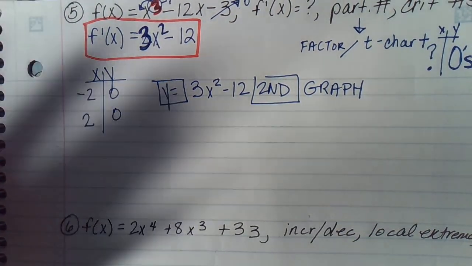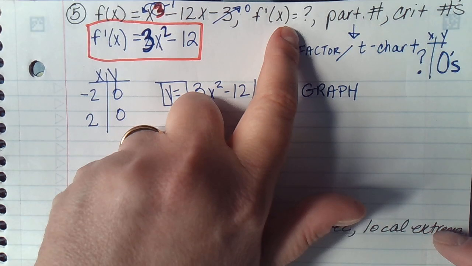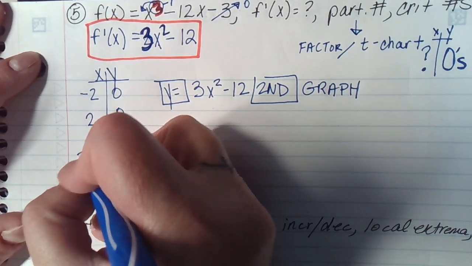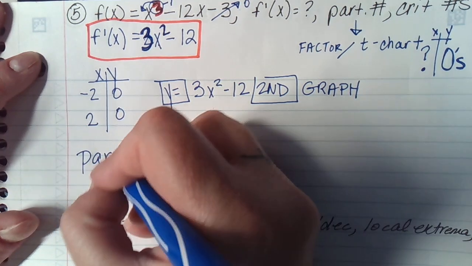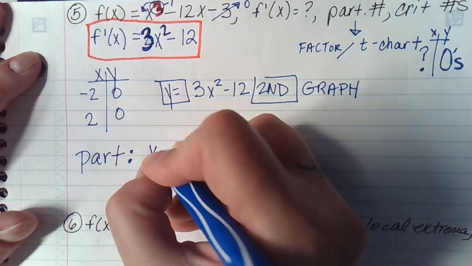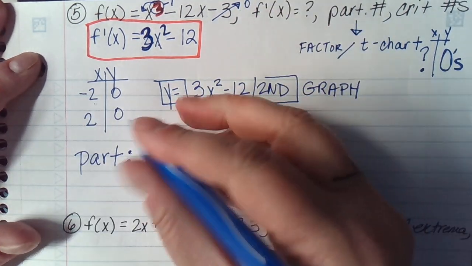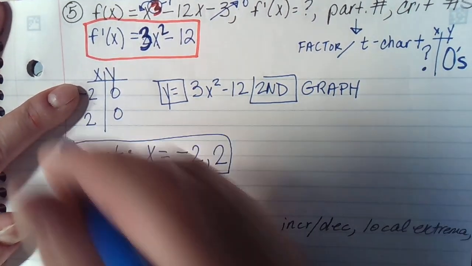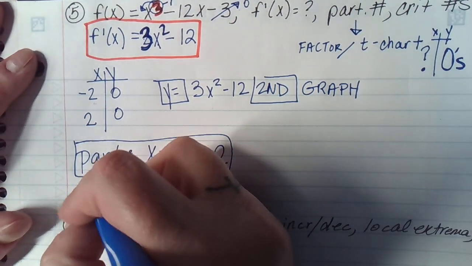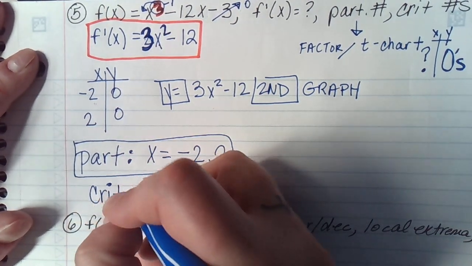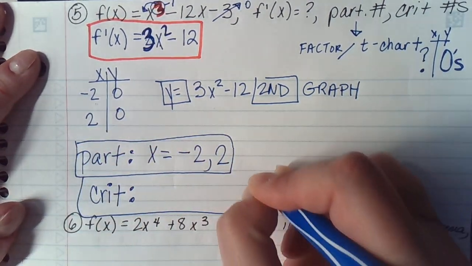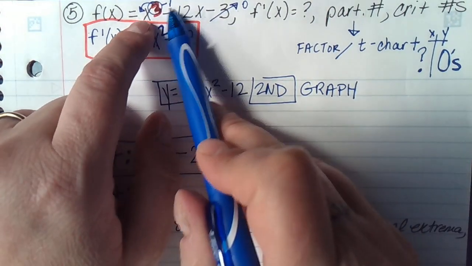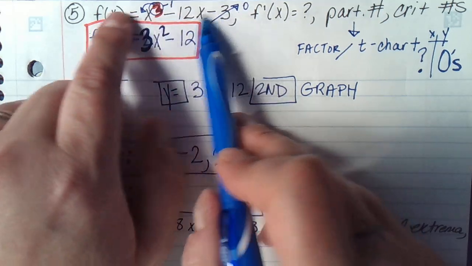So part A was find the derivative. Then it said, what are the partition numbers? Partition numbers are x equals -2 and 2. As for critical numbers, they're exactly the same unless we started out with a crazy fraction. And we did not start out with a crazy fraction at the beginning of the problem.